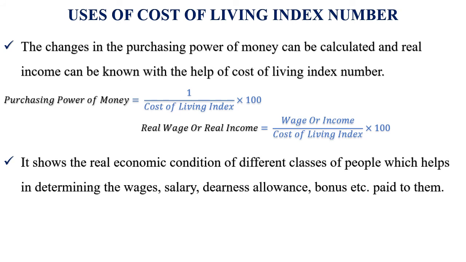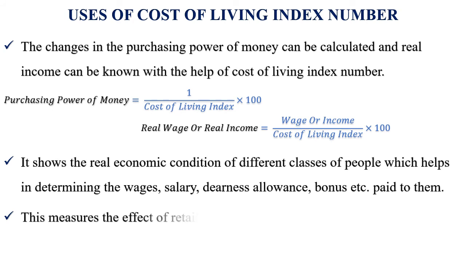For those who don't know, DA allowance is the extra amount paid above the regular salary based on the percentage of inflation in the market. So if the inflation is 10%, for example, then 10% of salary is paid extra considering the rate of inflation. All of that is calculated using the cost of living index number.